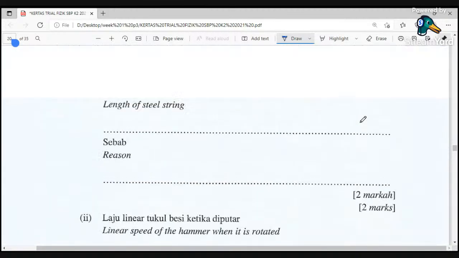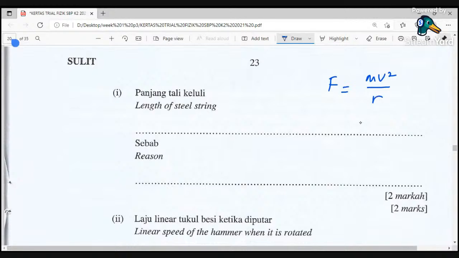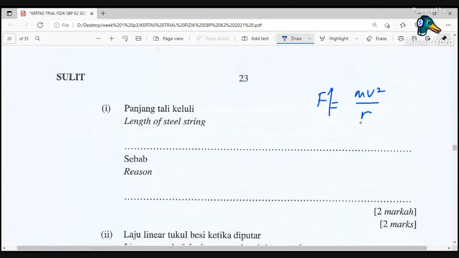Okay, for length of steel string, F equals to mv squared divided by r. To increase F, the value of r must be shorter.